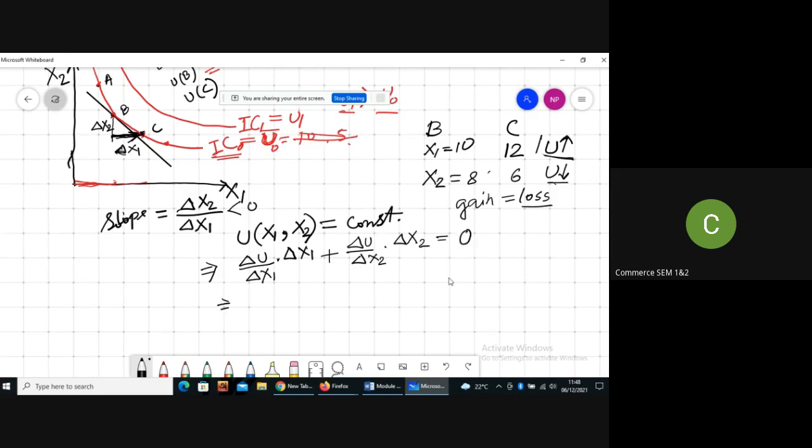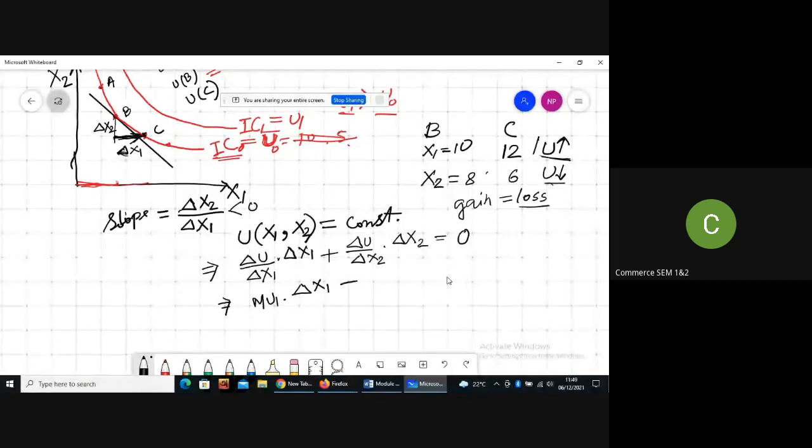So this term is nothing but marginal utility of commodity 1, MU1, multiplied by delta x1, equal to minus MU2 multiplied by delta x2. Okay?